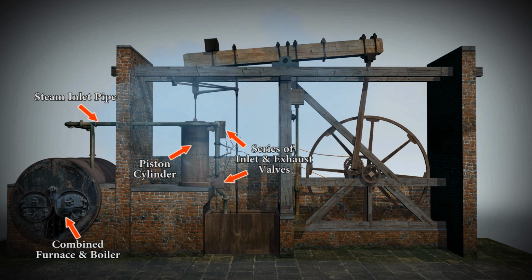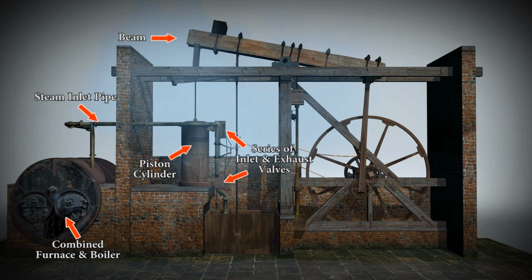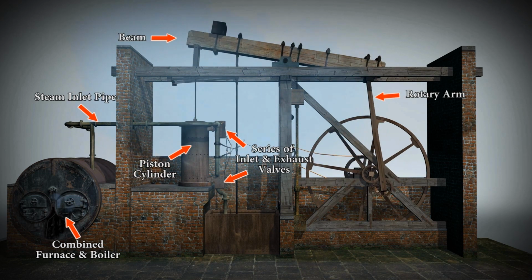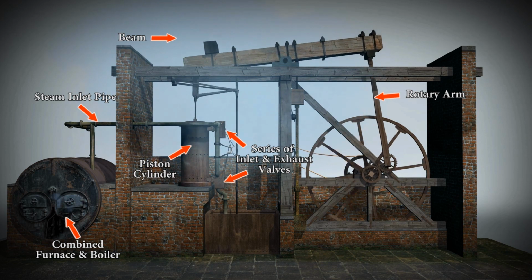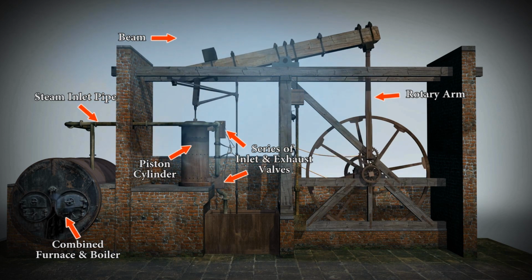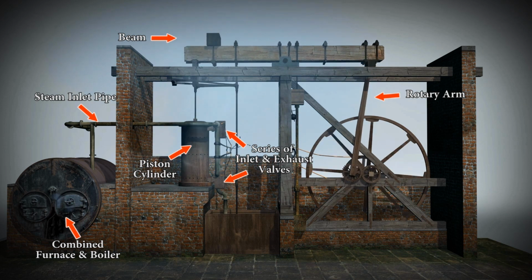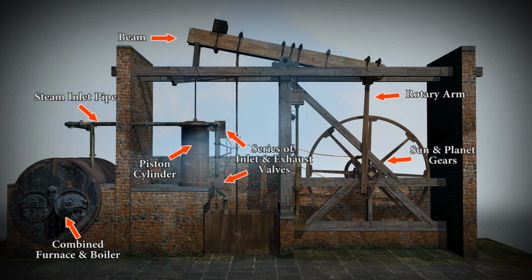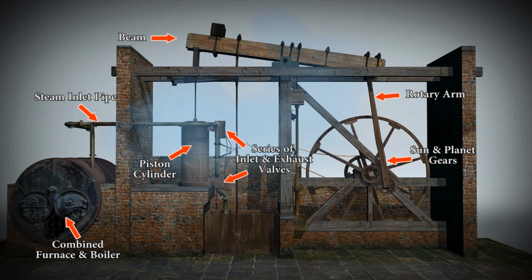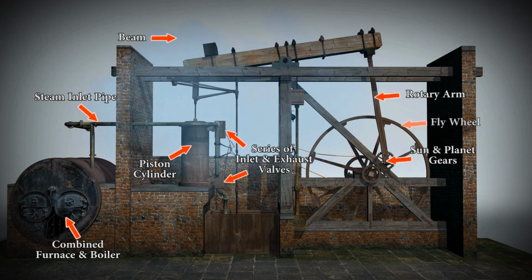The piston is connected to the beam, which operates the rotary arm, one end of which is a static cog known as the planet, and that appears to rotate about another cog known as the sun, and it's this sun and planet gears which operate the flywheel.